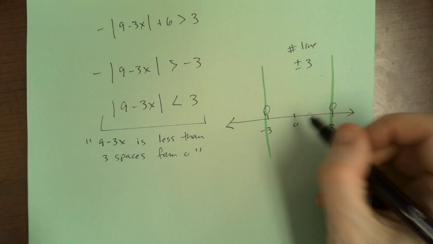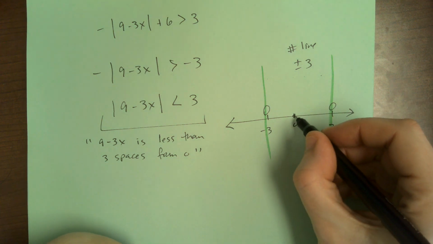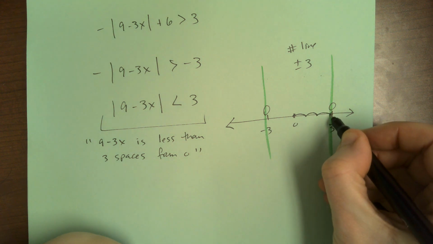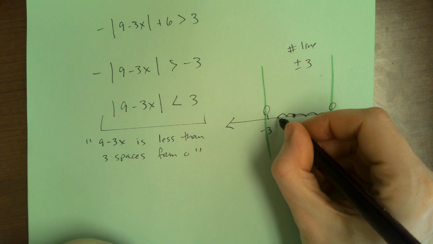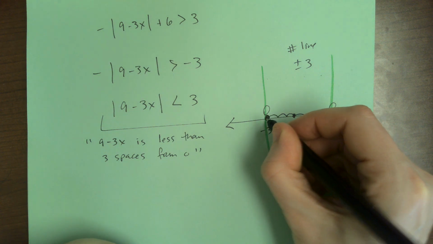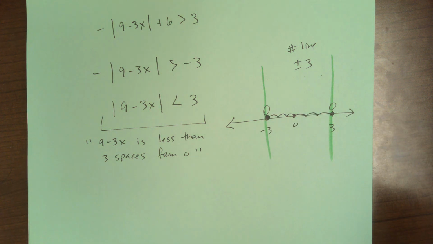Okay, well, here's 0. 1, 2, 3 to the right makes me land there. 1, 2, 3 to the left makes me land there. Any further, and I will be in the outer regions. And I want to be less than 3 spaces from 0.